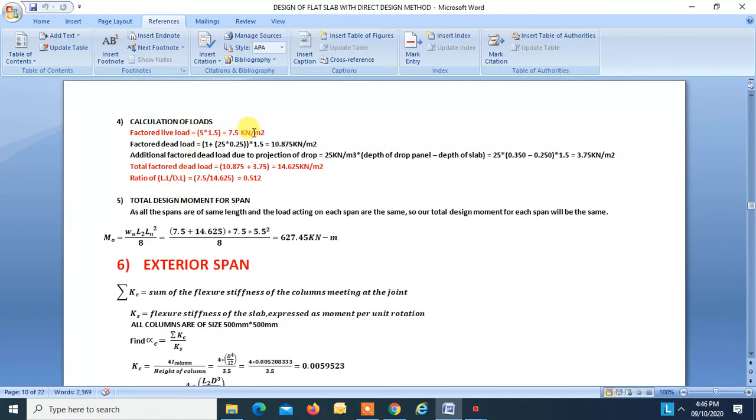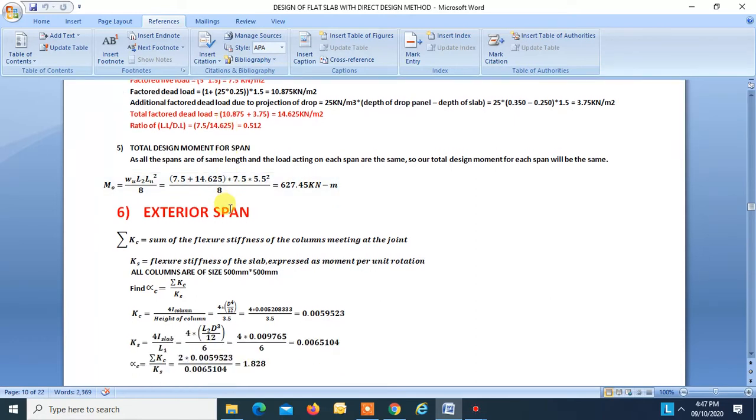Now this is our total factored live load, this is our total factored dead load. So the ratio comes out to be 0.512. So it is greater than 0.5, so the effect of load pattern has to be considered.